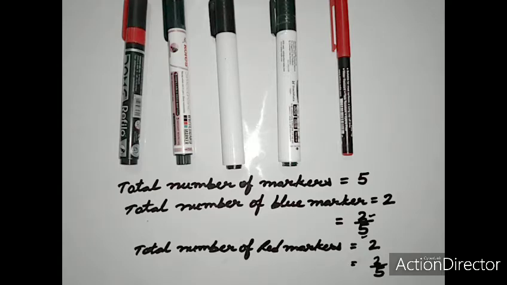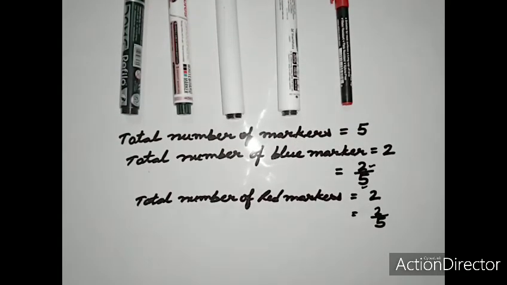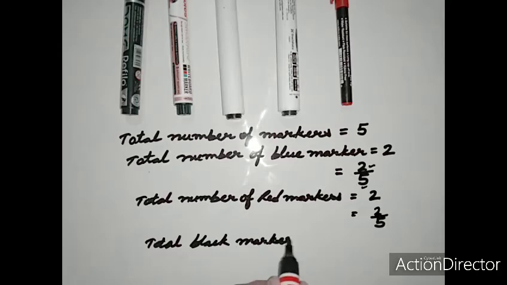Okay, so here we apply the same rule with the black marker. So what are the total number of black markers here? There are total 1 black marker. So total black marker equal to 1.